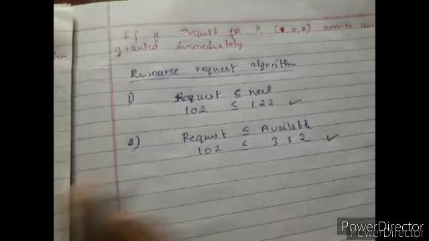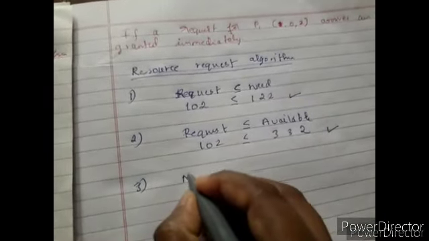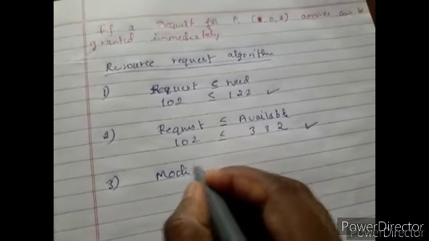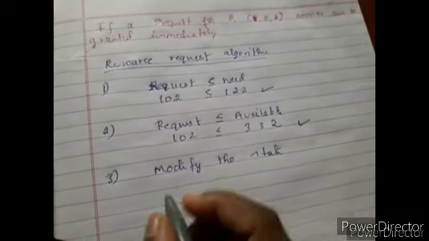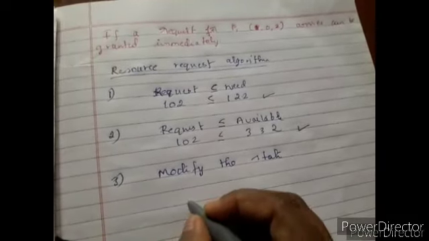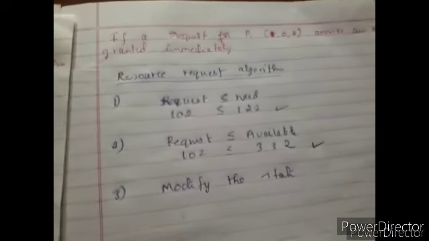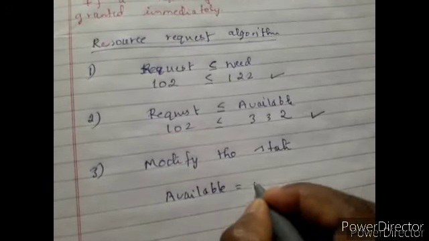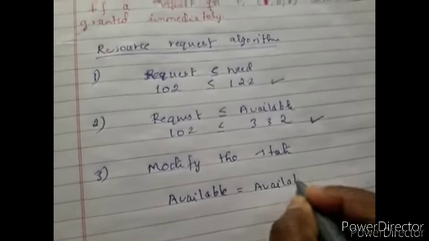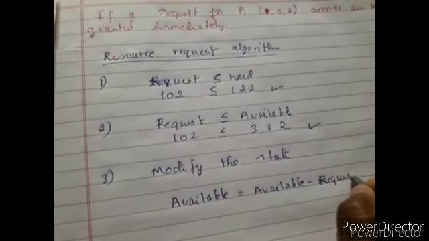Now after these two conditions are satisfied, next we need to modify the state. Okay. And now here first we need to find out available is equal to available minus request.